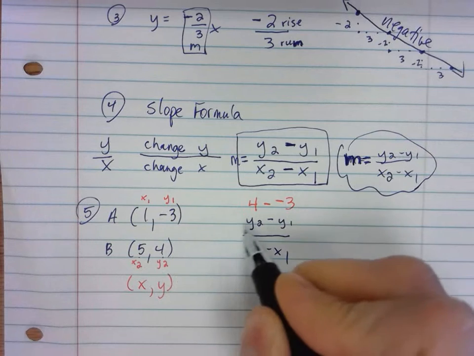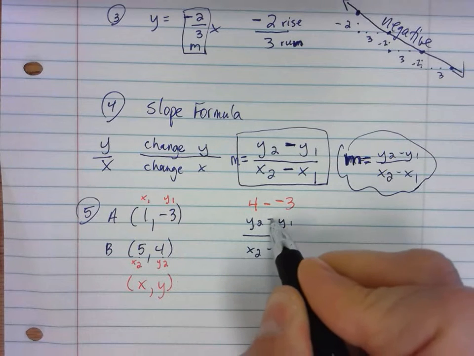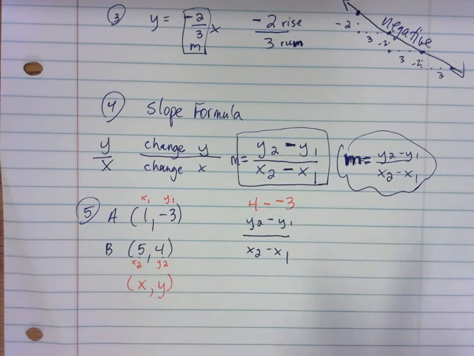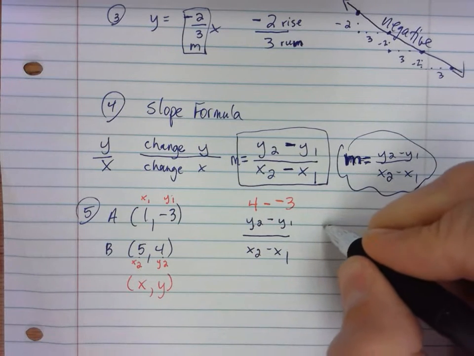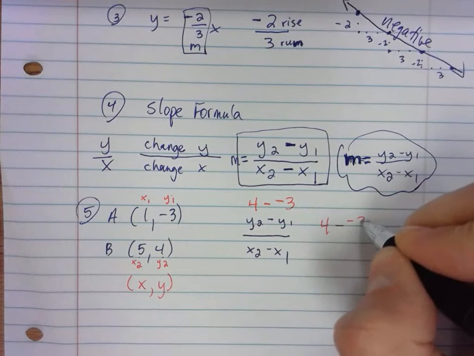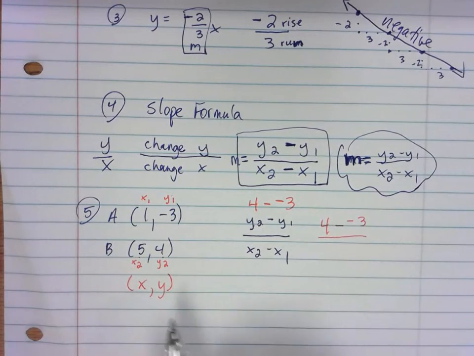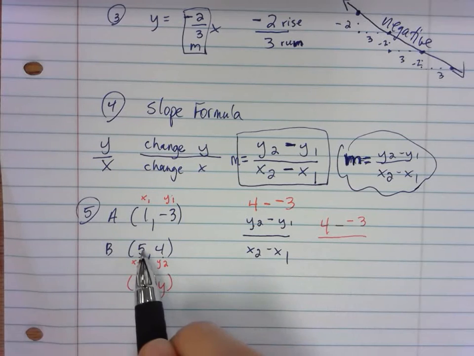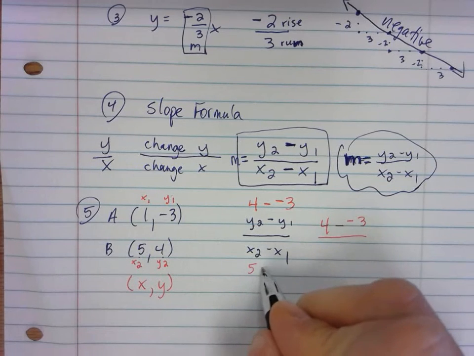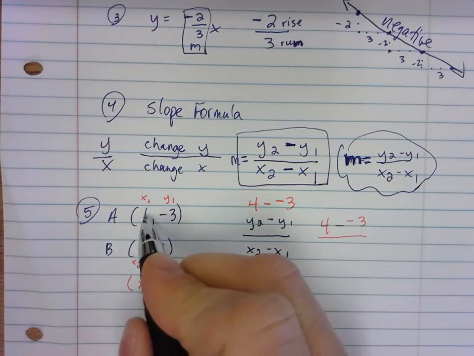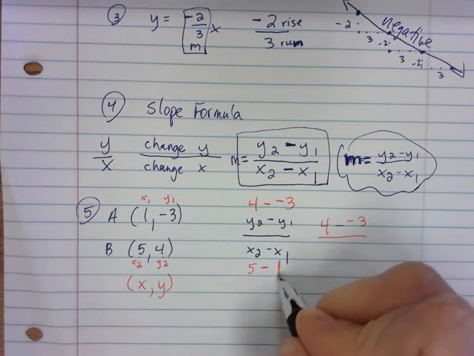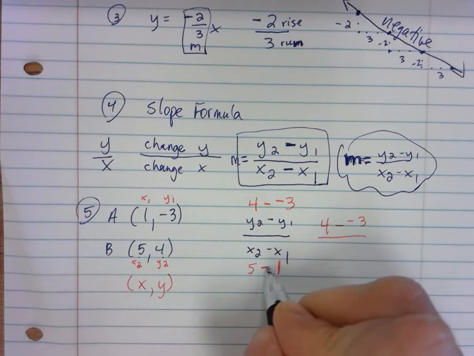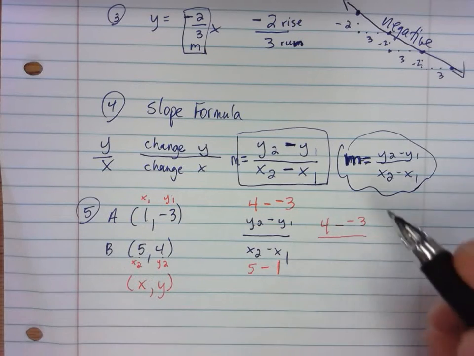Okay, 4 is y2 minus y1, which was negative 3, and we'll work that in just a second. So I'm just going to come over here and rewrite that: 4 minus negative 3. Okay, now let's do the x's. So my x2 from over here is 5 minus my x1 up there, which is 1. Well, that's easy enough. That's just 5 for x2, and you subtract the x1, which is 1.